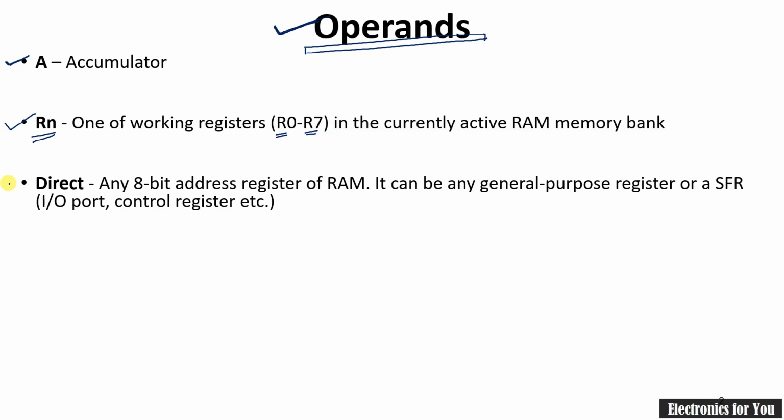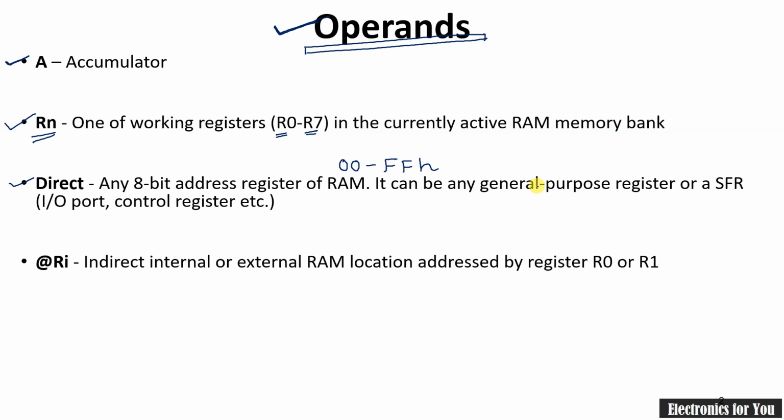Next are the direct memory locations. Here the memory locations are of internal RAM, starting from 00 to FFH in hexadecimal. This direct memory address may include the general purpose registers or special function register addresses.